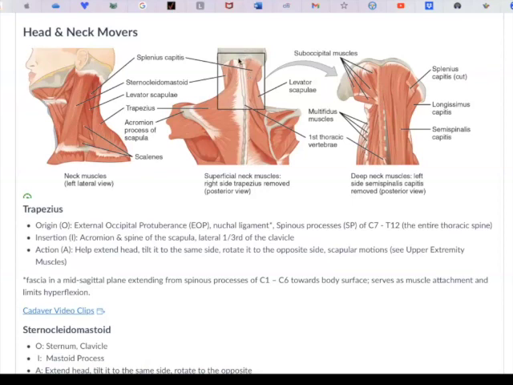But see here, for example, we have the trapezius muscle. See here, it says trapezius muscle. So then you see down here, it says trapezius. And so what you do now is to then read further, and the video talks about it. That's just the written portion of the class. And then you go and look like, oh, EOP. Oh, I remember where that is. That's up here by the skull somewhere. Or you look it up and you want to work your way through it. And then nuchal ligament, you will learn, is this line right here.